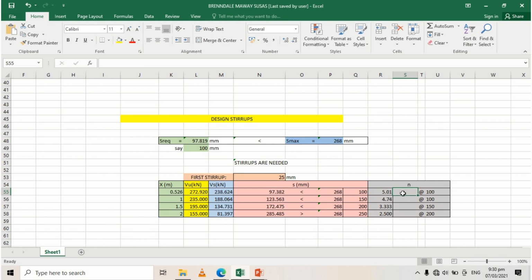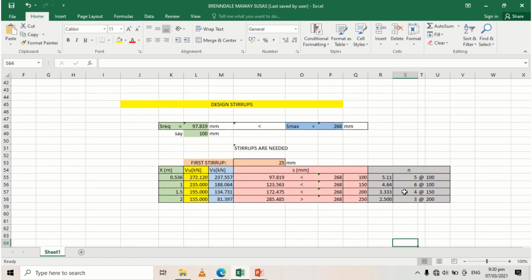So, we have here 5.01, 536, 536. Kaya pala iba yung wheel. So, that would be 5.11, say 5 lang. 5.64, say 6. 3.33, say 4. 2.5, say 3. Depende lang siya.